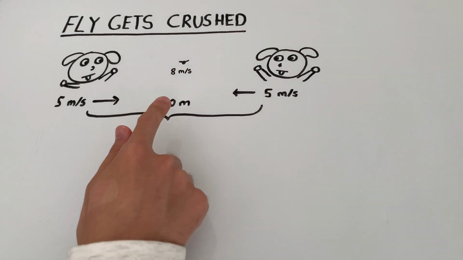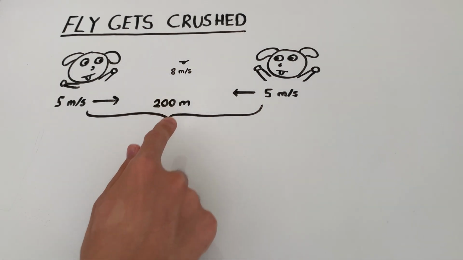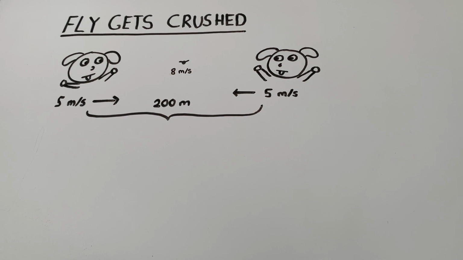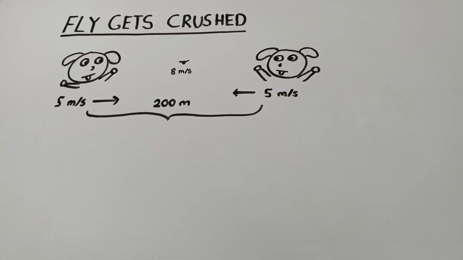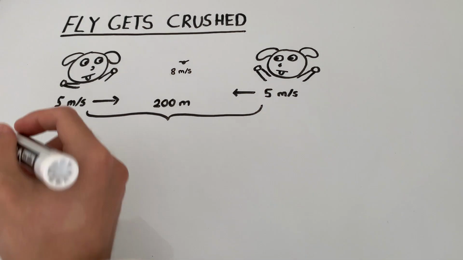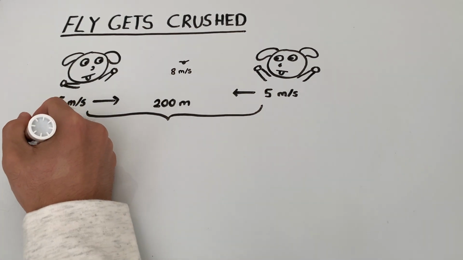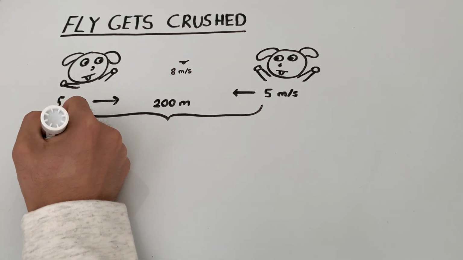Now, since we're given a distance of 200 meters that the dogs need to cover, and we're also given some speeds, maybe we can find the time. So that's what we're going to do. We're going to find out the amount of time that the dogs spend running.